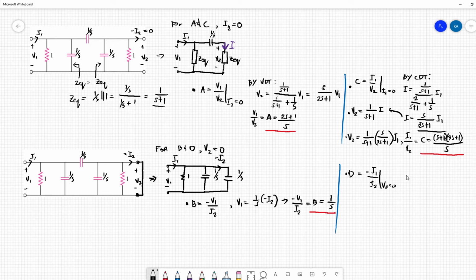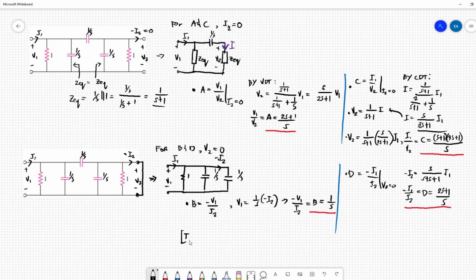So negative I2 is equal to S over S plus 1 times I1. So negative I1 over I2, our D, is equal to 2S plus 1 over S.